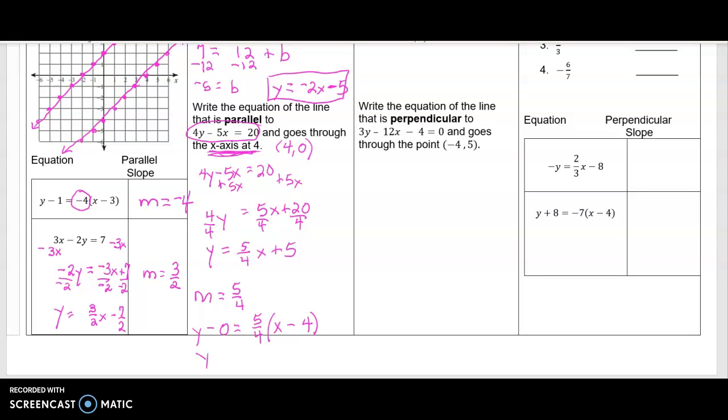So we get y equals 5/4 x, because we're distributing, and 5/4 times -4 is -5, and now we've got it in y equals mx plus b form. And there we go.